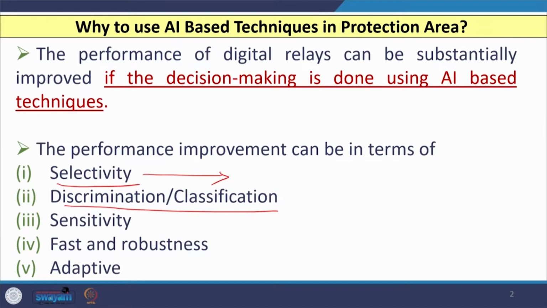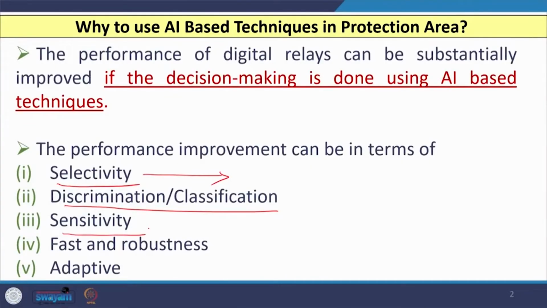If I use AI based technique for decision making in digital relays, then any event or fault can be better discriminated compared to any other conventional technique. So, classification or discrimination between internal fault and external fault, or between in zone fault and out of zone fault, can be done effectively if we use AI based technique in digital relays for decision making.